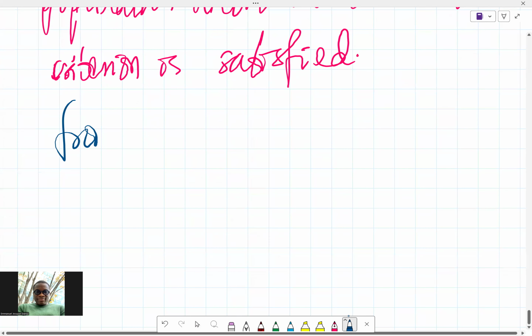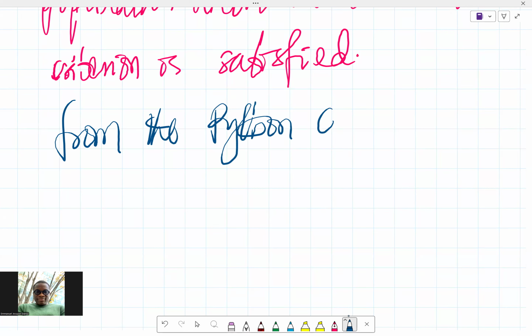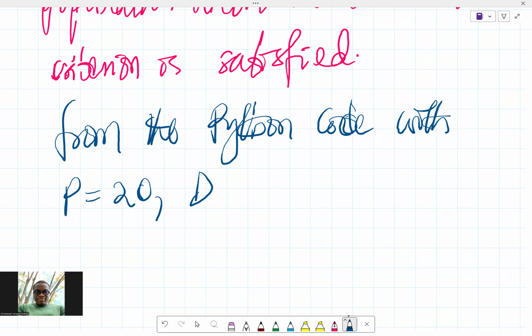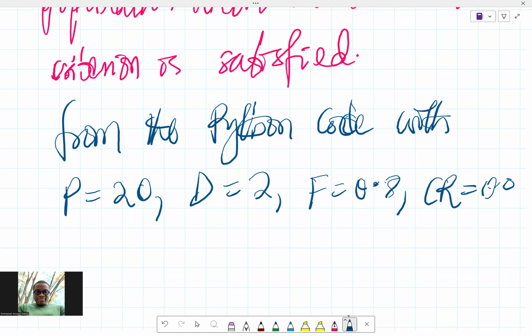So from the Python code, with population size being, I think it was 20. The dimension, of course, remains x1 and x2. Then we also had F to be, I think, 0.8, and then the crossover probability was 0.9.